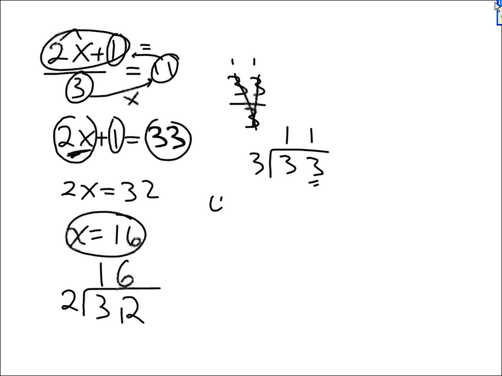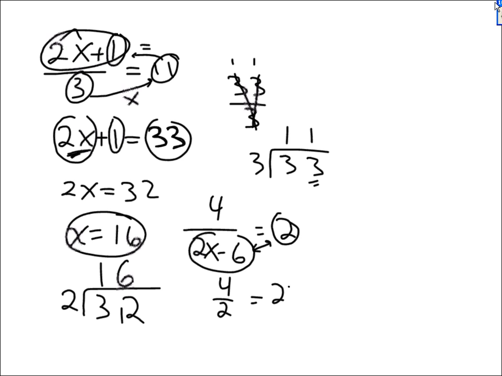If you were given this problem, I would interchange this bottom and that top. Why? Because I know what 4 over 2 is. It's 2. This left side is just 2. So number, take away 6, leaves me with 2. 8. 8 take away 6 equals 2.